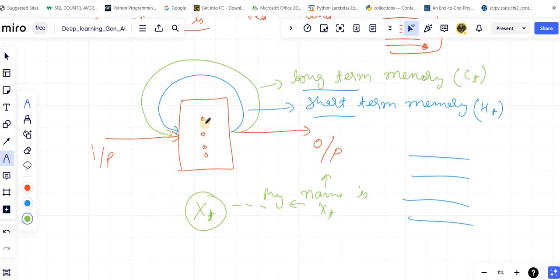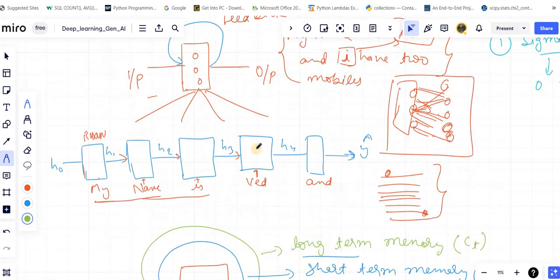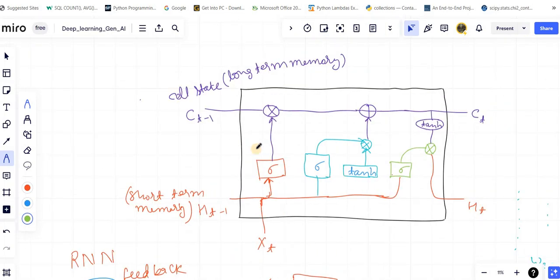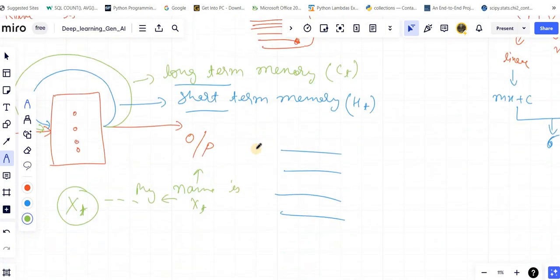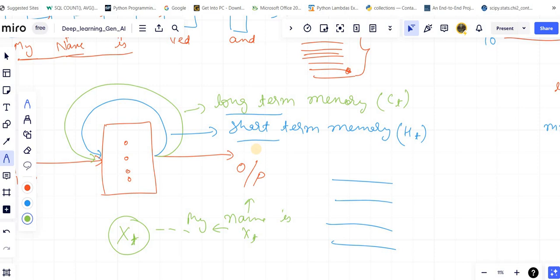Okay, so now let's understand it on the LSTM part. HT is called hidden state, CT is called cell state. HT means short term memory, CT means long term memory. Cell state, CELL, and HT is the hidden state.